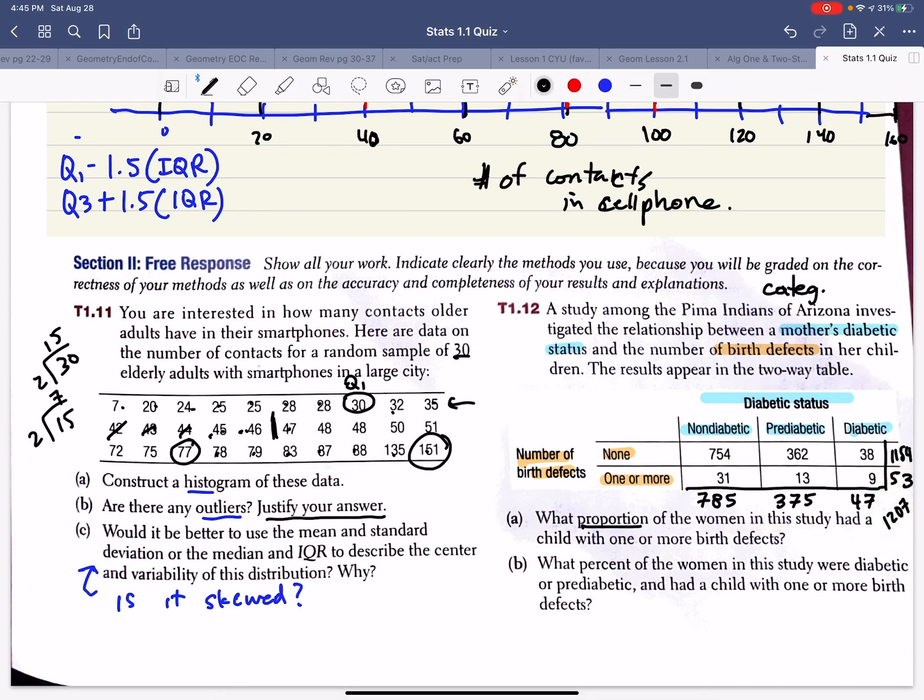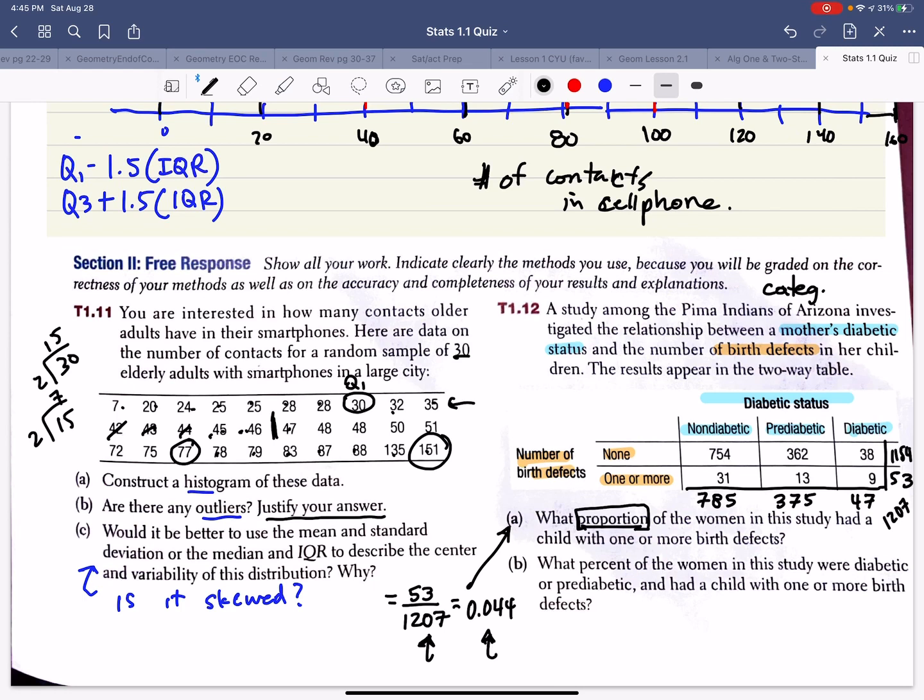So for A, I have 53 out of 1207. All right. And I can leave it like this, or I can turn it into a decimal. It didn't ask for percent, it asked for proportion. So it would make sense for me to leave my answer like this, or show this and turn it into a decimal.